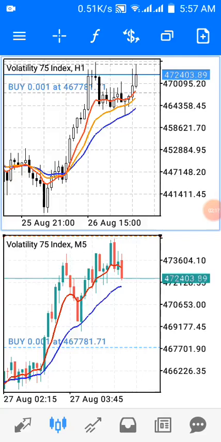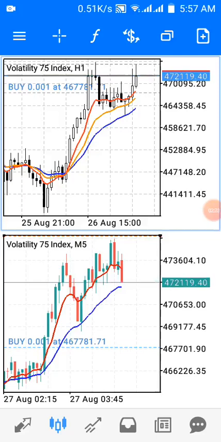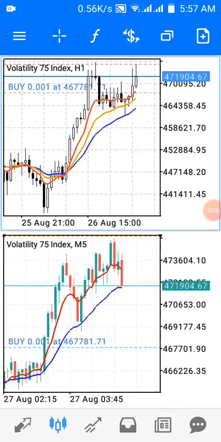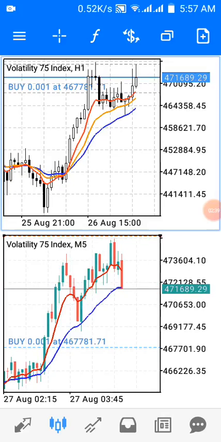The upper window is a 1 hour time frame window, while the lower window is a 5 minutes time frame window. I have volatility 75 index on both the upper and lower windows.